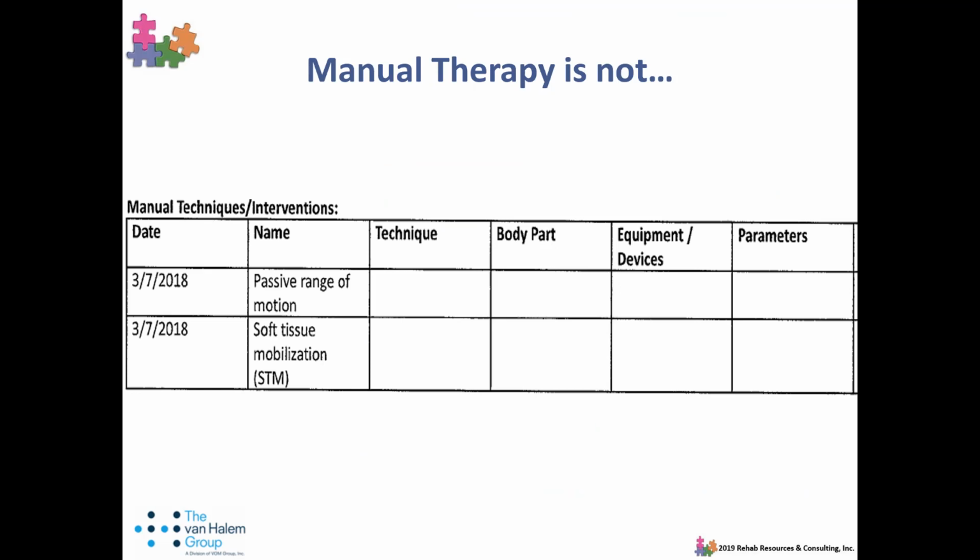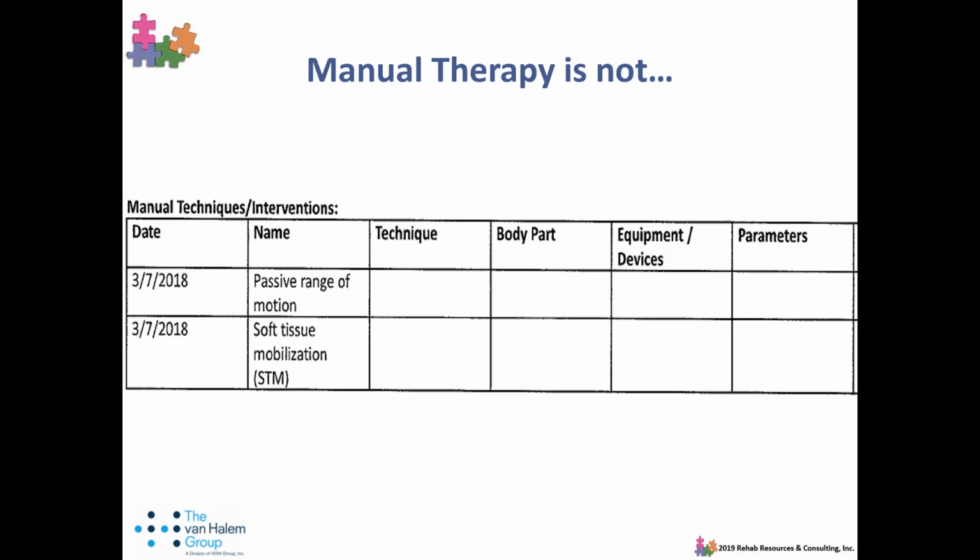Now, this was seen quite frequently in Rock Valley charts. This kind of thing would be an automatic denial of manual therapy in the event of an audit. I know many therapists indicate they are doing passive range of motion to stretch the joint capsule or to maintain gains.